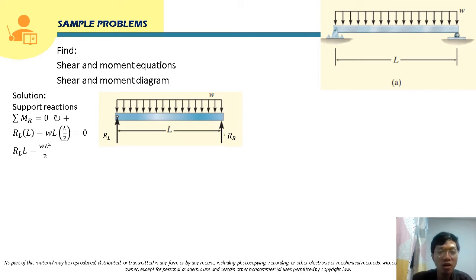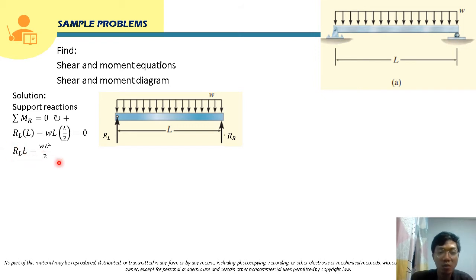Solving for R sub L, we transpose this to the other side, so it will become positive, and this will become WL squared over 2. Solving for R sub L, the reaction at the left support, we will just divide both sides by L to cancel this L here.